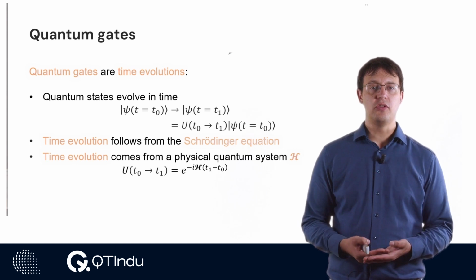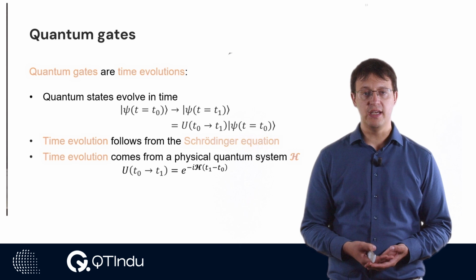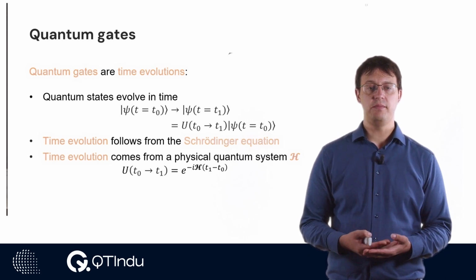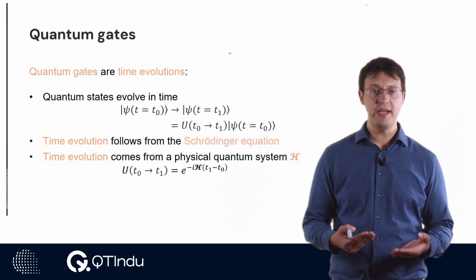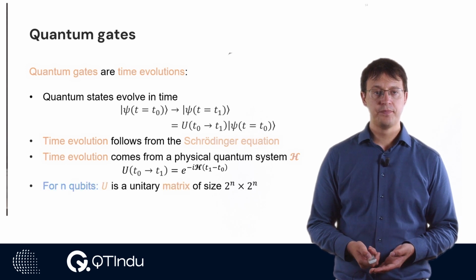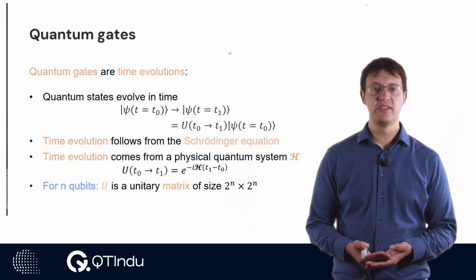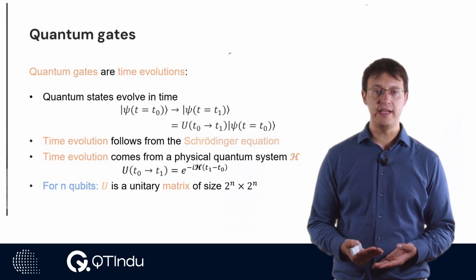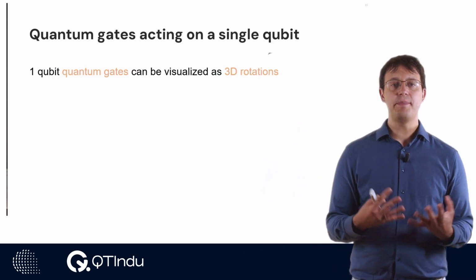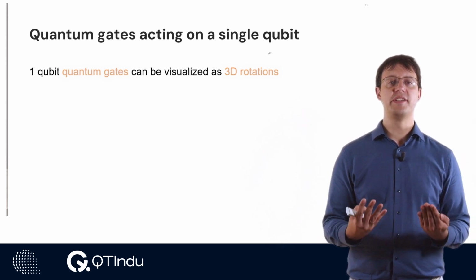The time evolution originates from the physical system behind it and is described by a quantity called H. The unitary operation can then be represented as a matrix exponential of this operator H. Now, for n qubits, U is a unitary matrix of size 2 to the power of n times 2 to the power of n.